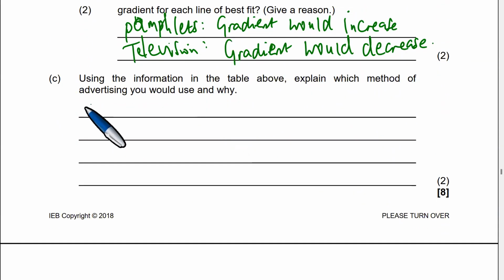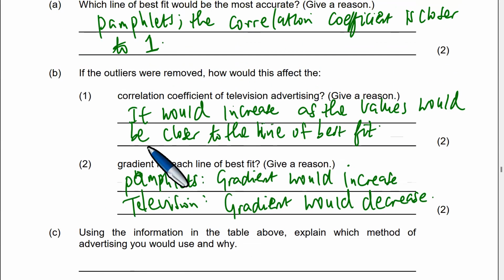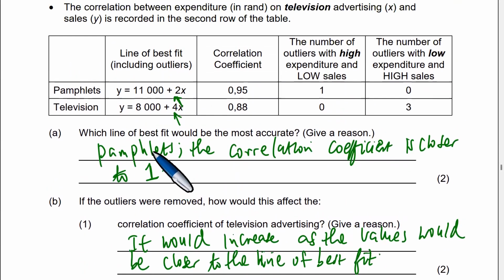Next. Using the information in the table above, explain which method of advertising you would use and why. Okay, let's explain this one. If you look very carefully, which one has the greatest gradient? The television.